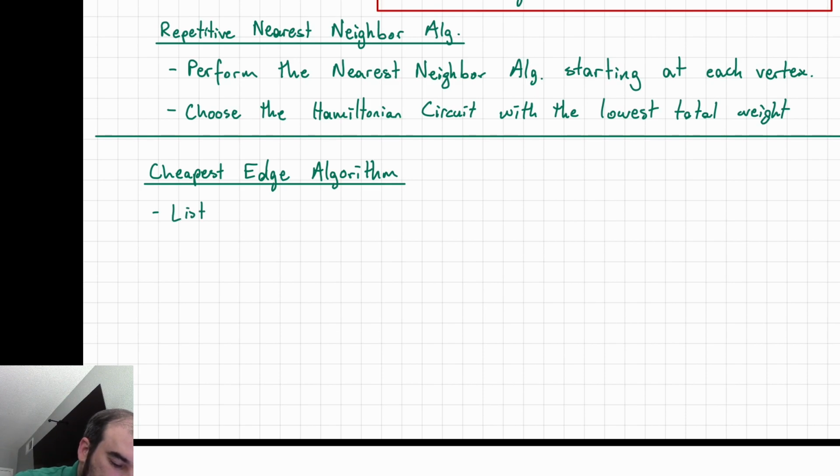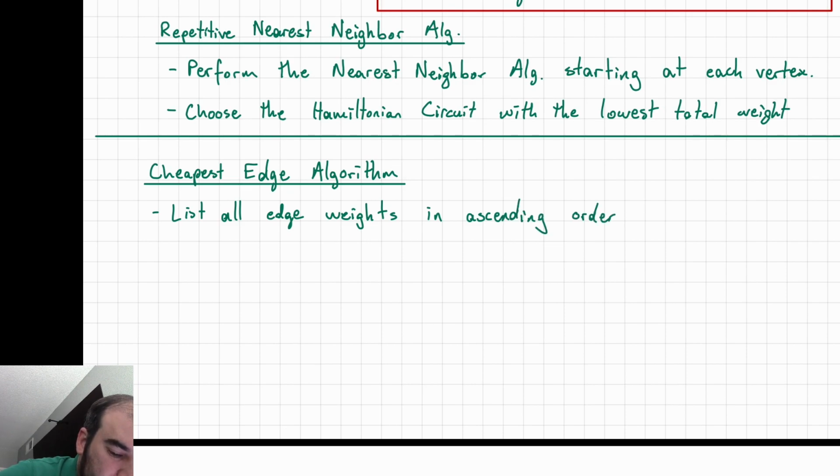So we list all edge weights. I'm using the word weight and cost kind of interchangeably here. It's just going to be whatever the cost or the weight of each edge is. We're going to list all of them in ascending order, meaning smallest to largest.